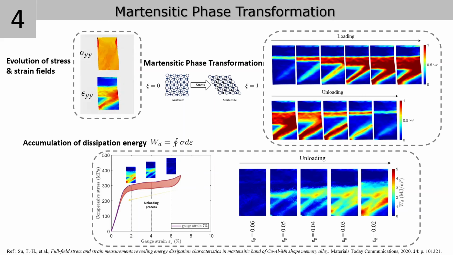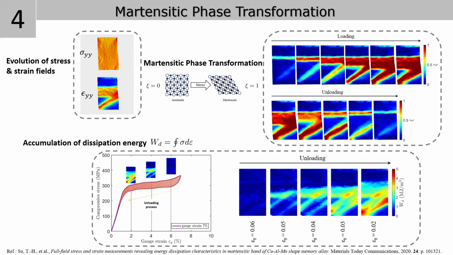But given that now we've obtained full field stress data through the data-driven identification framework, we can also locally look at the distribution of that energy. And on the lower right side of the slide, we show a few snapshots of the dissipation energy during unloading.